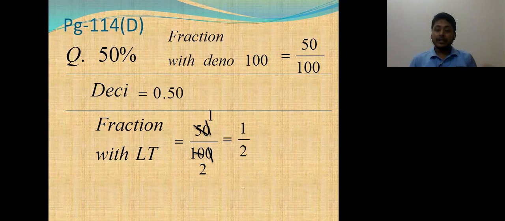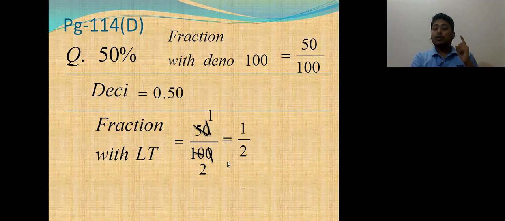Okay, and we can write in denominator with 100 the same way. If we want to convert into decimal point, then we can. So any number will be given, like a fraction with lowest term will be given. Then you have to find out the other three numbers. No problem. Your target will be, first of all, to convert into percent.